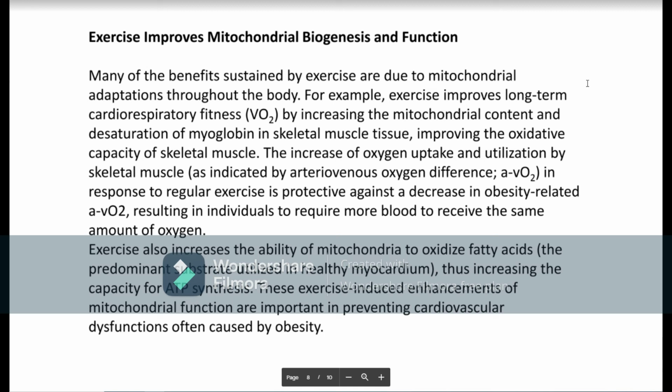Also, exercise increases the ability of mitochondria to oxidize fatty acids, the predominant substrate utilized in healthy myocardium, thus increasing the capacity for ATP synthesis. This exercise-induced enhancement of mitochondrial function is important in preventing cardiovascular dysfunctions, often caused by obesity.